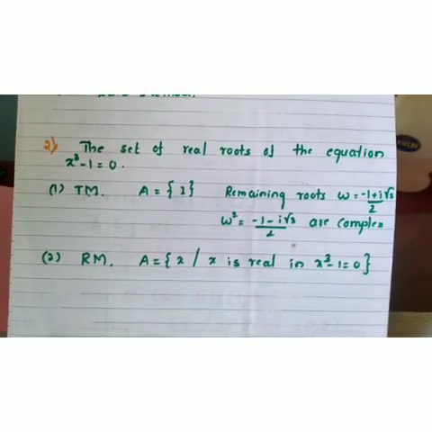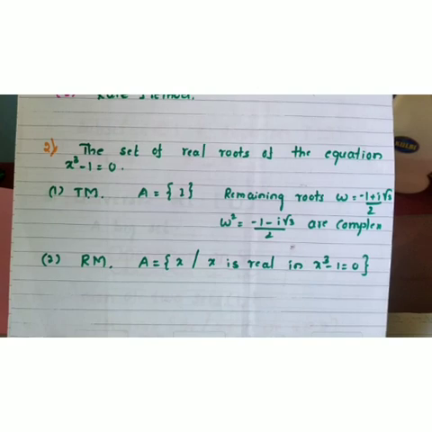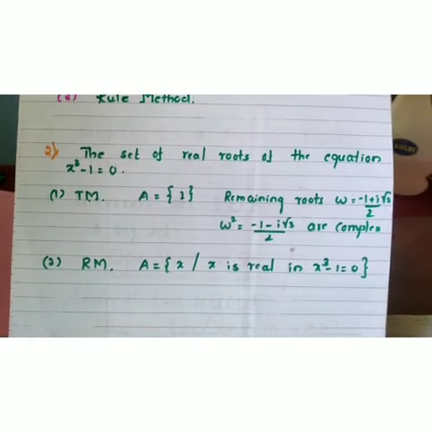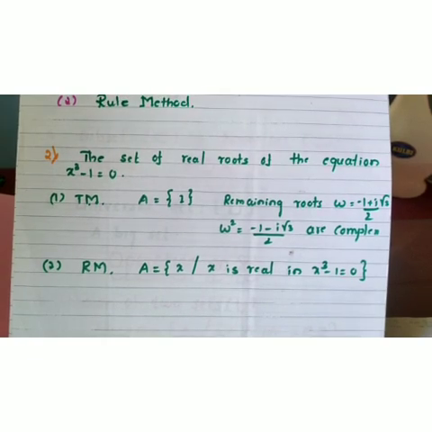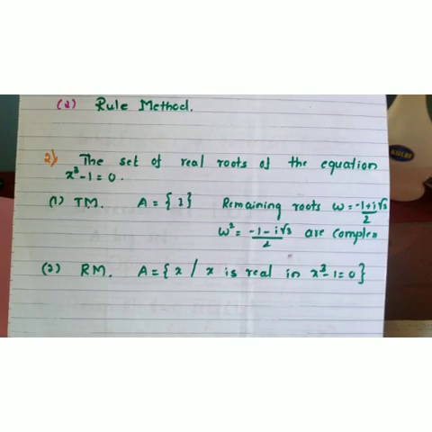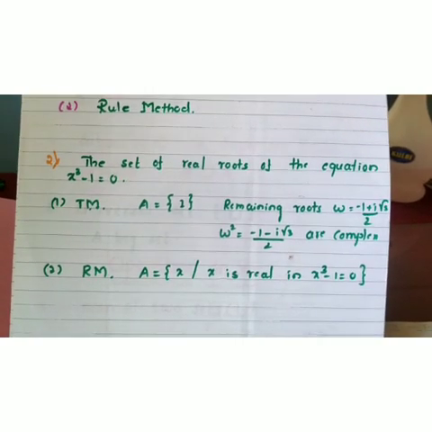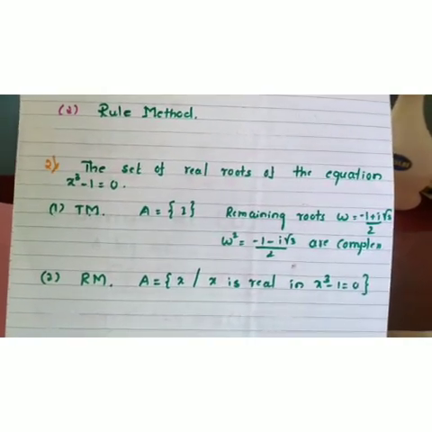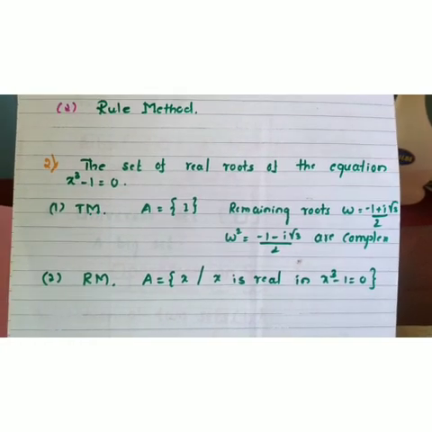By the tabular method, the set A equals, in the symbol of a set, 1. In the rule method, the set A equals x such that x is real and x cube minus 1 equals 0. So this is the method of representation of a set by means of the tabular method and the rule method.